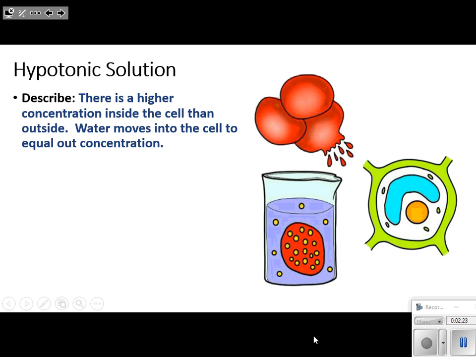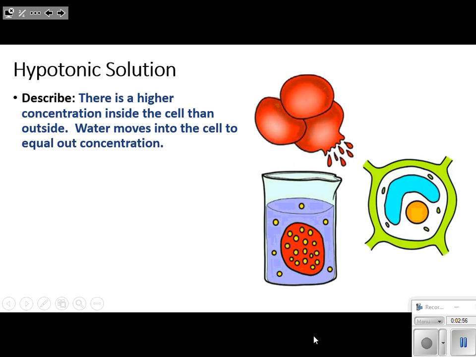Water moves into the cell to equal out the concentration. Remember that osmosis is the diffusion of water. So, as we're talking about these three types of solutions, they're about the diffusion of water.